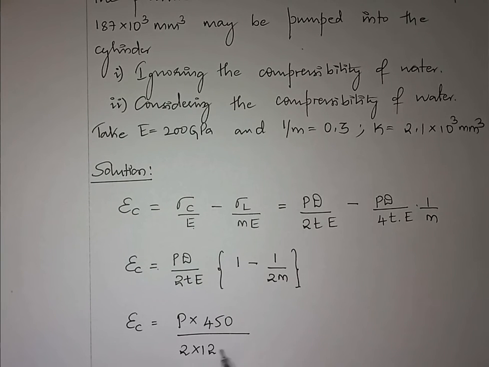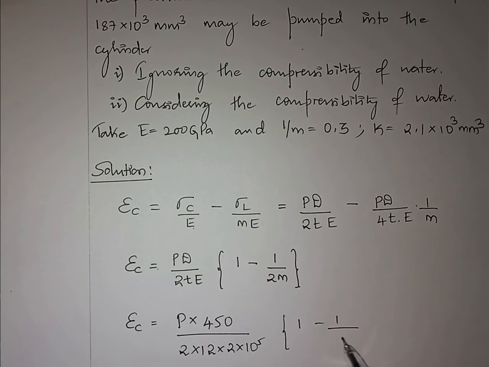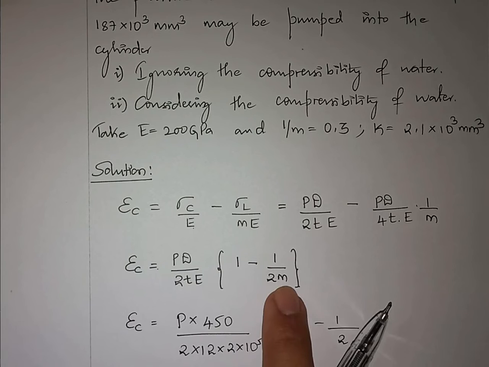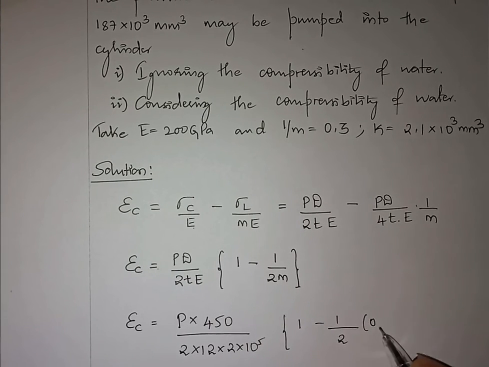Young's modulus is 200 GPa, so I'll be taking it as 2 into 10 raised to 5. Put the bracket, 1 minus 1 divided by 2. So this 1 by m value is given to me as 0.3. So that I'll be writing it here as 0.3.